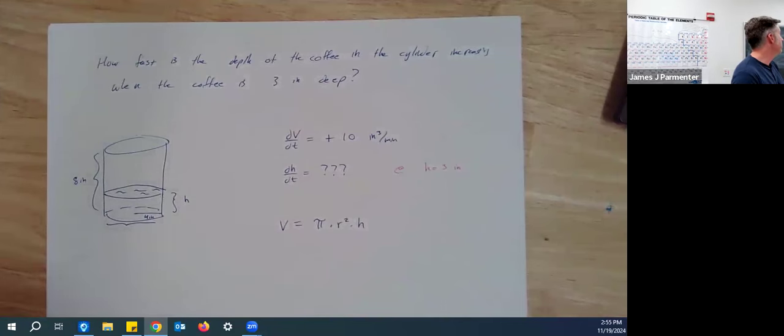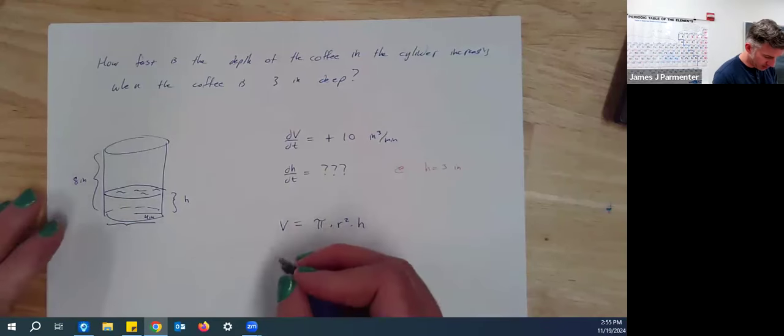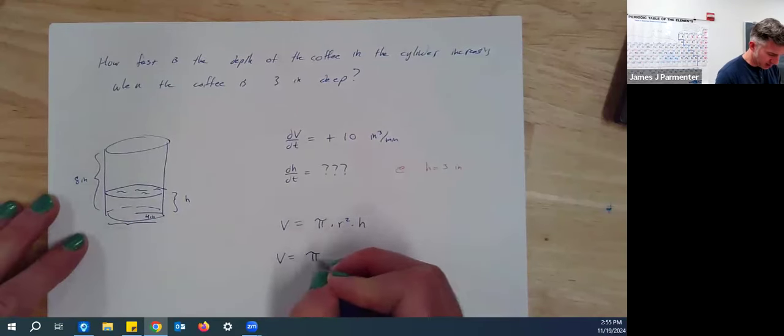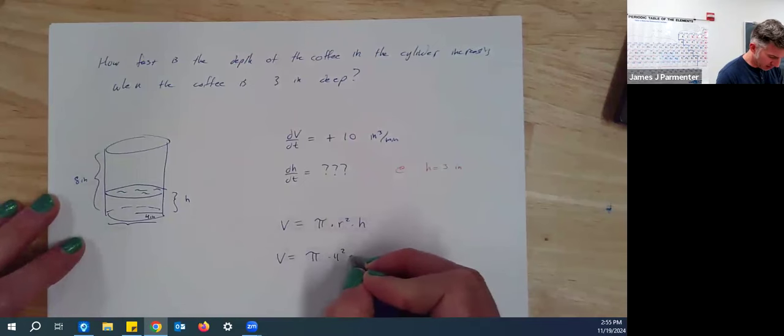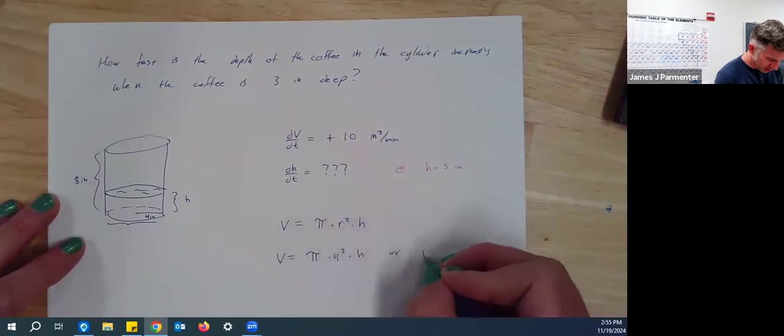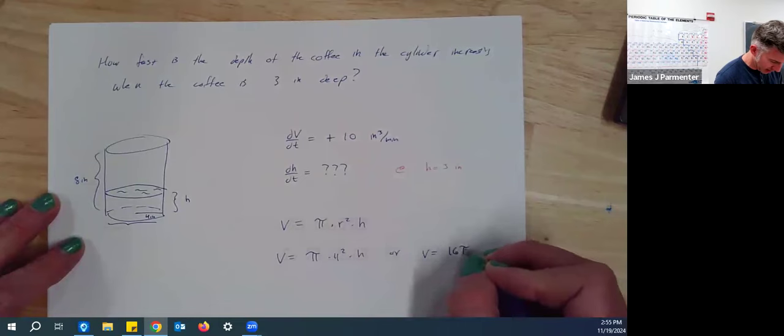In this problem, the radius is 4 inches all the time. No matter how high or low you are in the cylinder, the radius isn't changing. So what we should really write here is the volume is pi times 4 squared times h, or just volume equals 16 pi h.